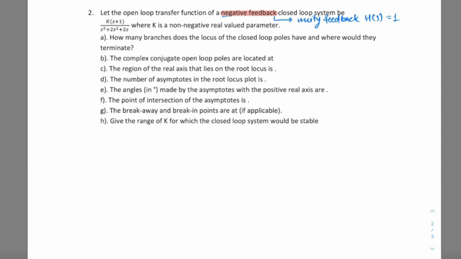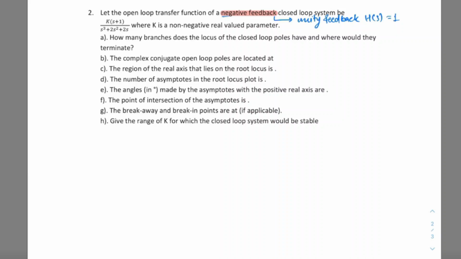There are 8 different parts to this question. We'll answer all these 8 parts as we move along and construct the root locus for this open loop transfer function. We are asking how many branches the root locus of closed loop poles has and where they would terminate.